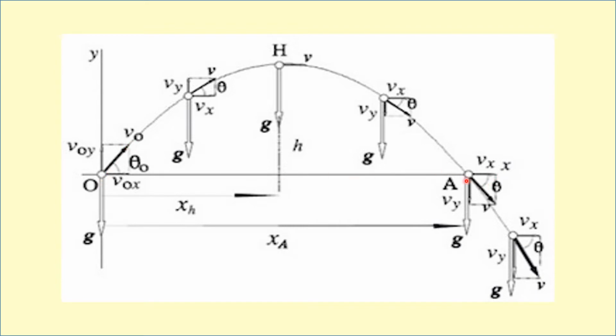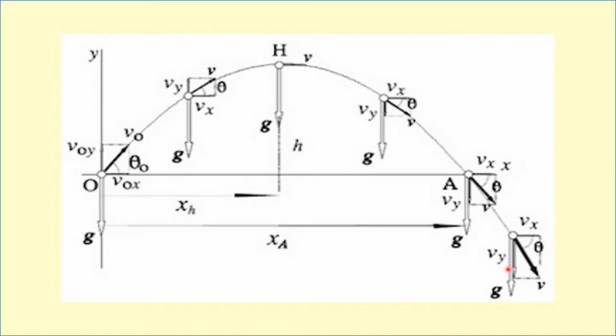Now, if there's still space to further move downwards, for example at this point, then again we say that the vertical component of the velocity has now increased in magnitude, but still downward, and the horizontal component is still constant.